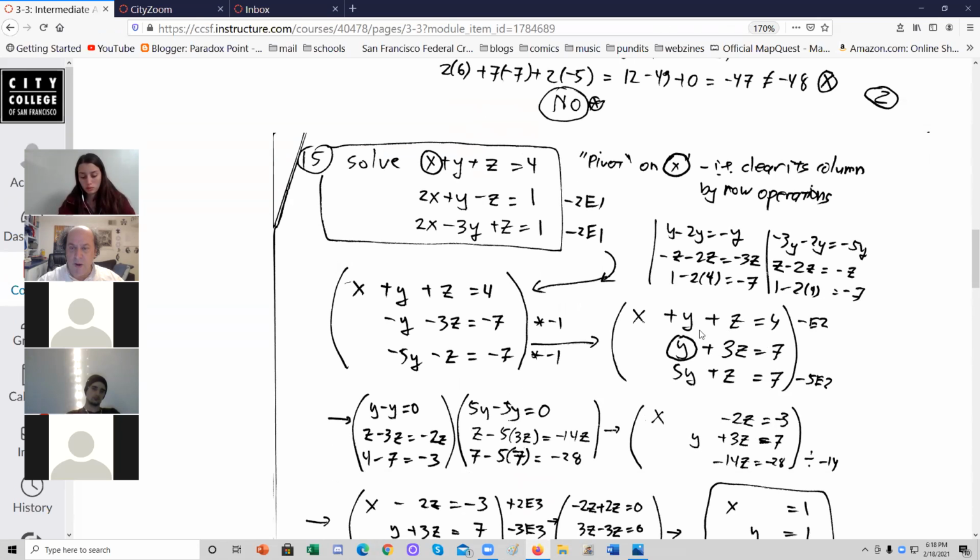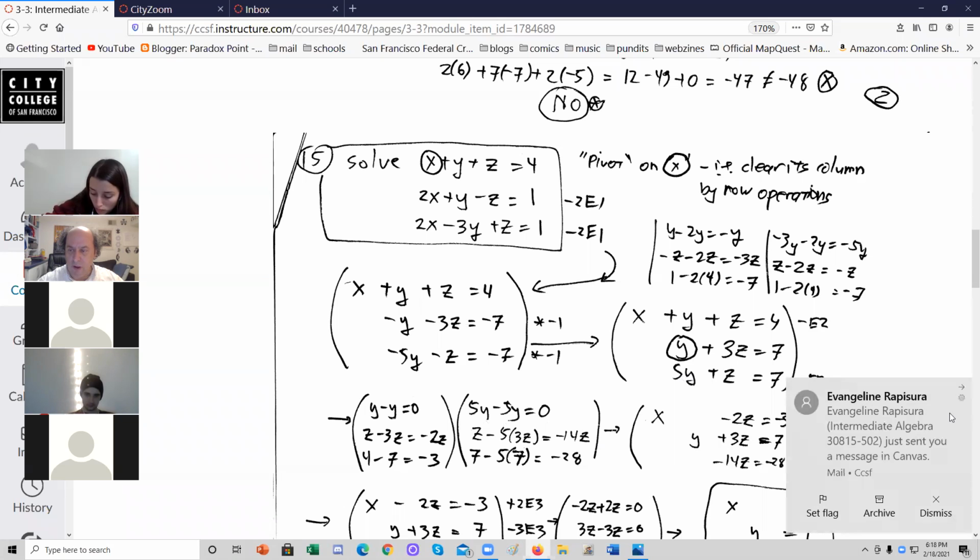So we keep y plus 3z equals 7 in there. y minus y cancels, so 0. z minus 3z is negative 2z, so put in negative 2z here. And 4 minus 7 is negative 3, so we put a negative 3 there. For the third, 5y minus 5y cancels, 0.